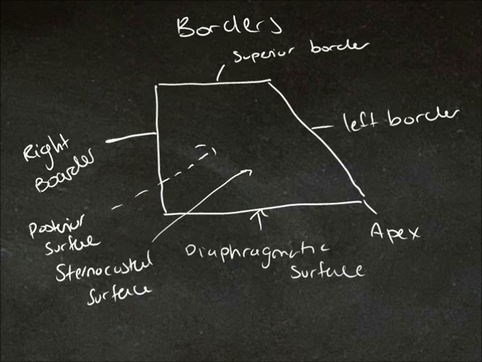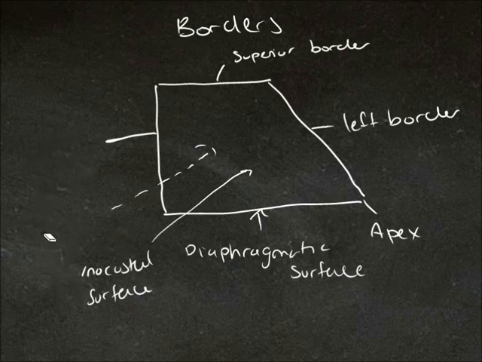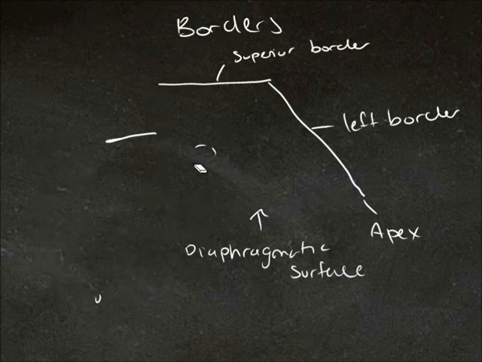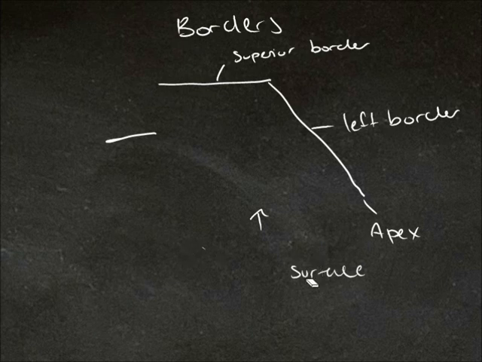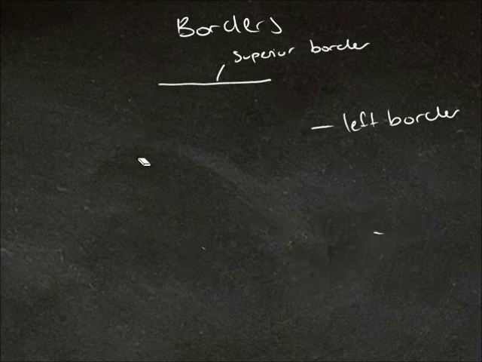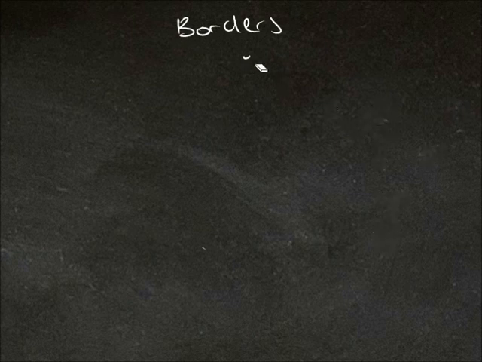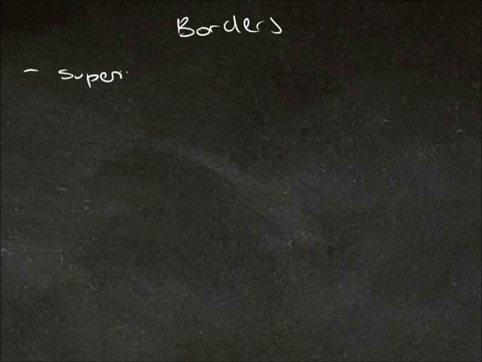Okay, so how do we locate all of these borders? Well, we've got some features. The superior border is at the level of the fourth or fifth rib.